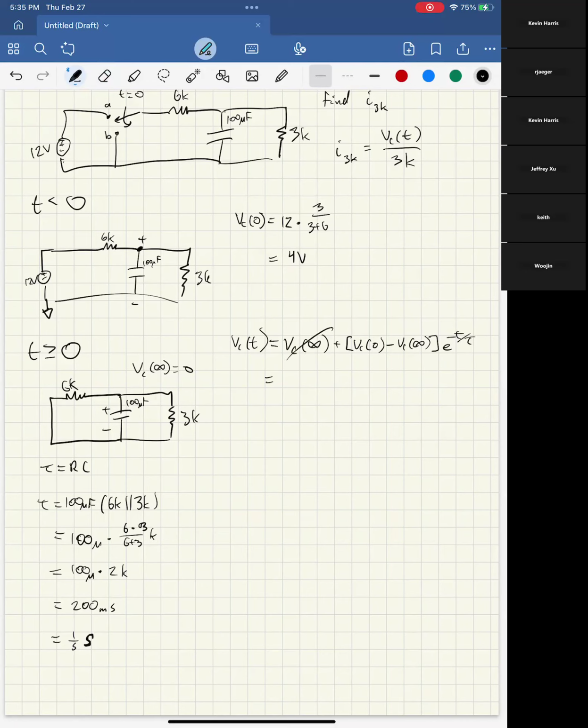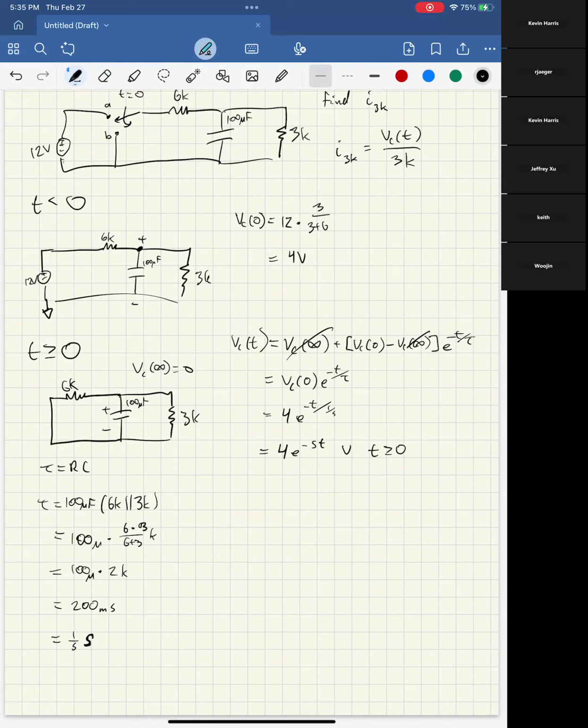So if this is 0 and this is 0, then we just get VC of 0 times e to the negative t over tau. And then we got 4 volts times e to the negative t over 1/5, which is 4 e to the negative 5t volts for time greater than or equal to 0.